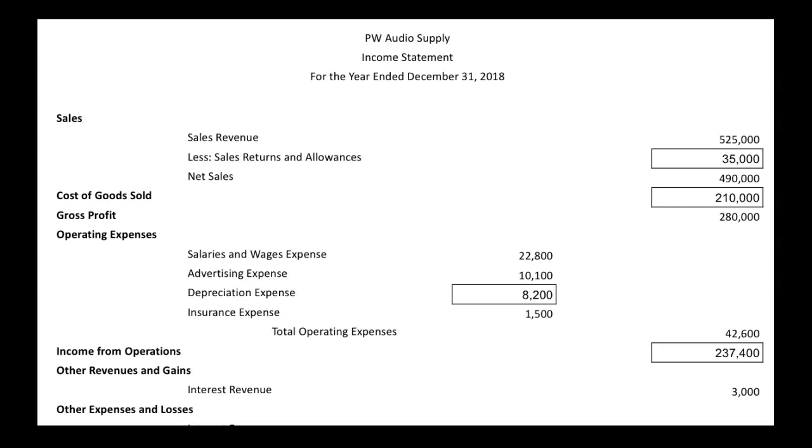And then that will help you find the net income, which is the final piece of this multi-step income statement. So if you add in your interest revenue and subtract out an interest expense of $2,400, you should end up with a net income of $238,000.